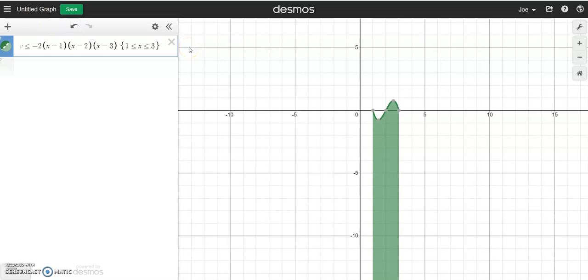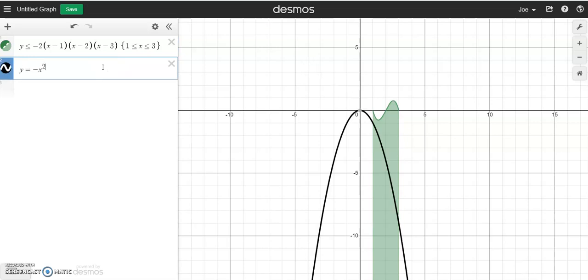Now, the last part of our problem asks us to draw y equals negative x squared, and to instead highlight only this region here that lies between our two functions.